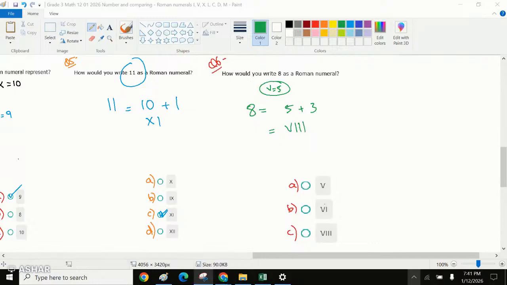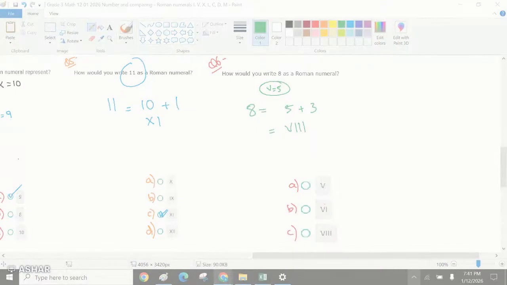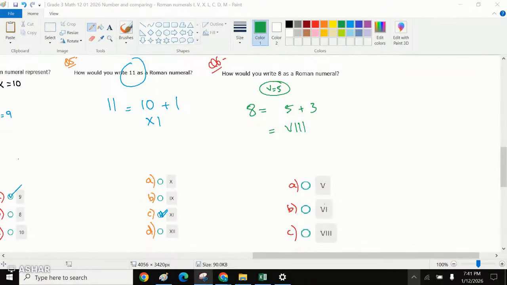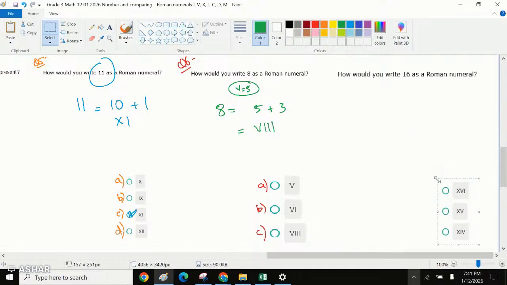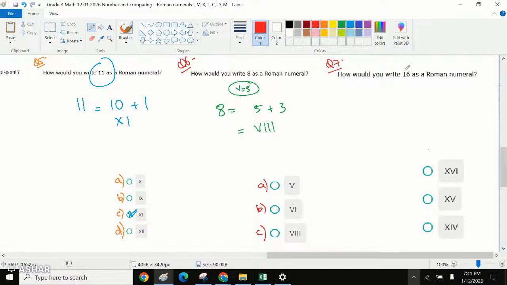Agreed. Okay, thank you. And the next question is, how can you write 16 as a Roman numeral? How can we write 16? This is question number 7. They're asking us how we write 16 as a Roman numeral. See, we know that 16 is greater than 10, right? 10 plus 6.